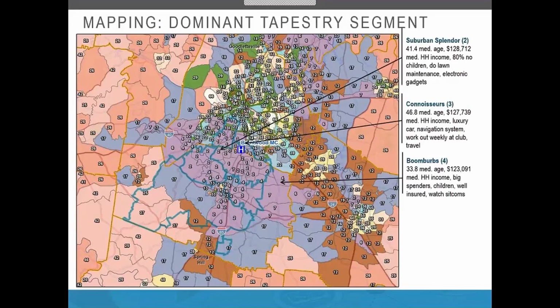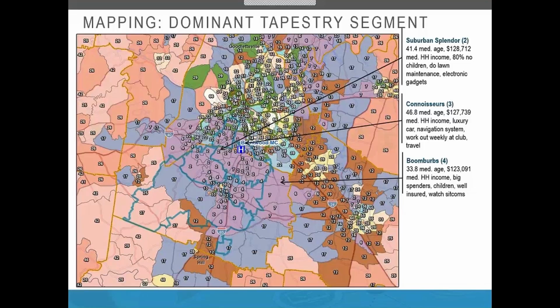Now, I mentioned tapestry segmentation earlier. So you may not be using psychographic data in your planning and marketing, but I highly recommend it. Our customers find it really valuable. So your demographics are what you are, your age, your sex, your race, income, population. Psychographics are more who you are, which is really how you spend your money and your behaviors.